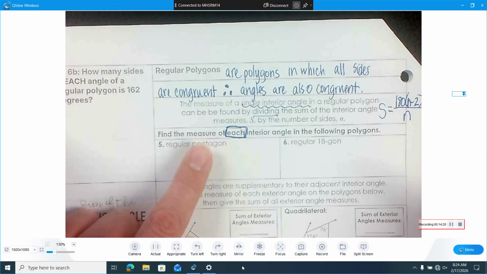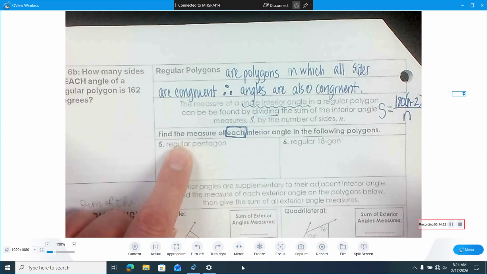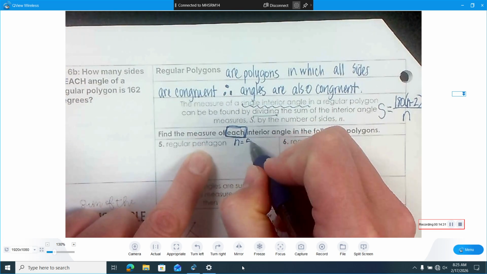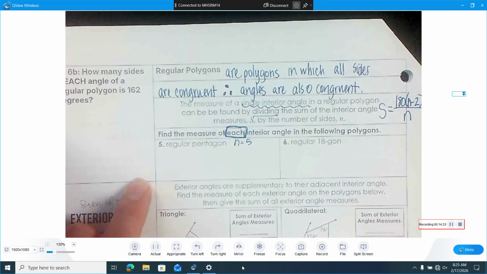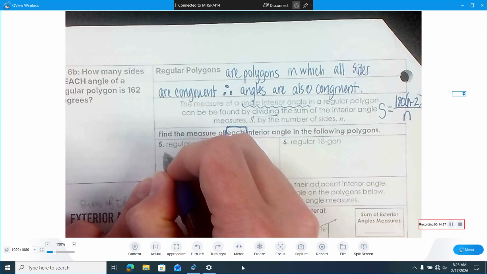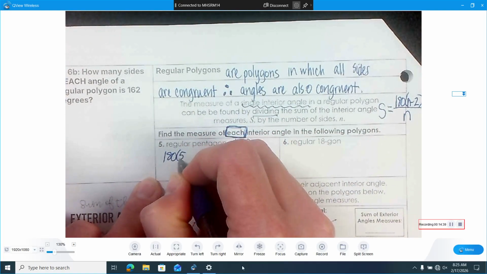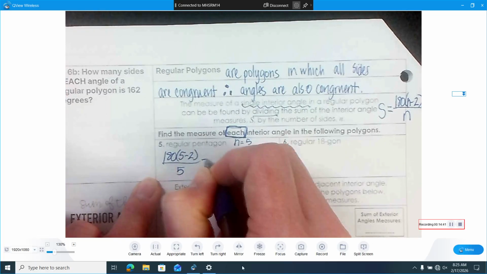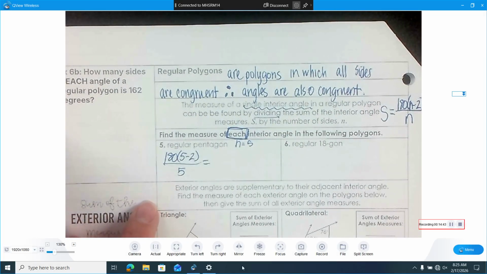A regular pentagon. So that's important. We know it's a regular pentagon. How many sides does a pentagon have? 5. n equals 5. So we're going to figure out the measure of each interior angle, we're going to do 180 times 5 minus 2 and divide that by 5.